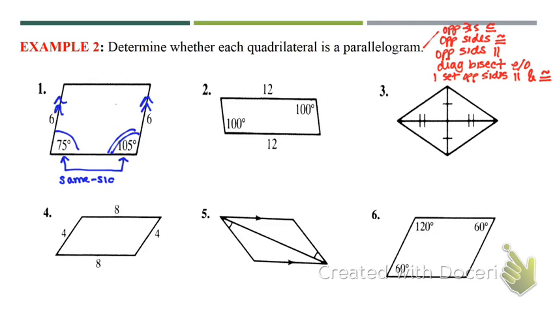That's how I knew the lines were parallel. So now that they're parallel, they're also congruent, and therefore I get one set of opposite sides parallel and congruent. That makes this guy a yes. Okay, what else do we have?